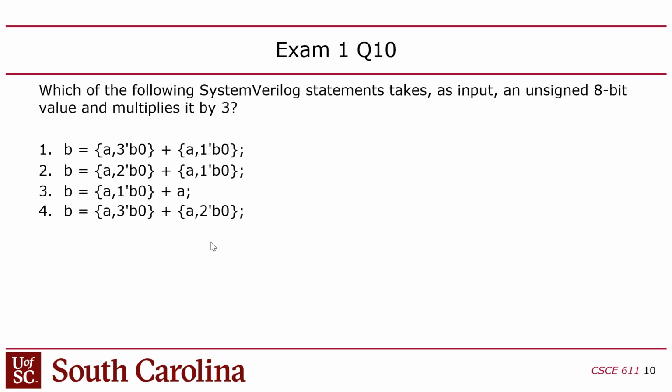Also notice, this is a little confusing because I'm not actually using the shift operator. Instead, I'm just shifting by adding zeros to the right-hand side, which shifts it to the left, right? Make sense?